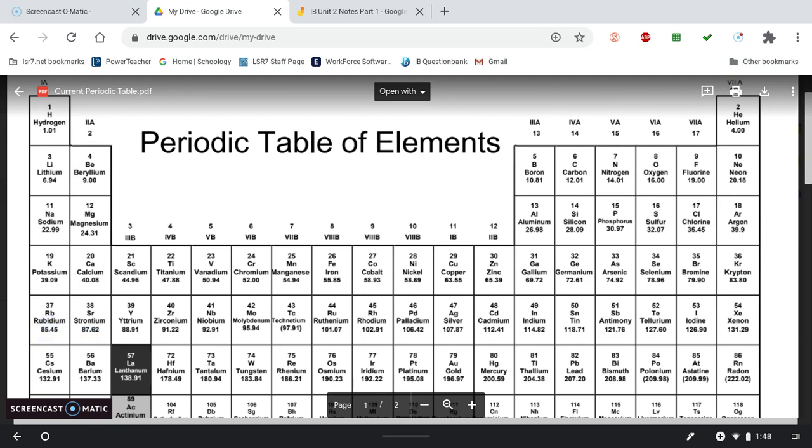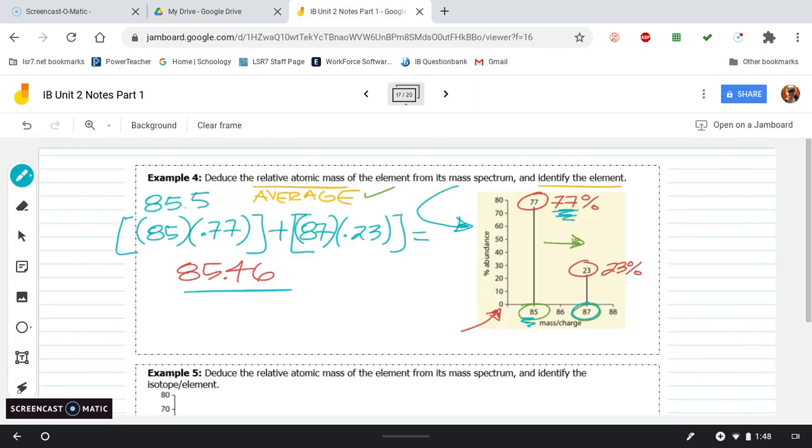Rubidium is 85.45. And krypton is 83.80. We're going to go with rubidium because it's 85.45 and we got 85.46. So we go with rubidium because it was the closest on the periodic table.